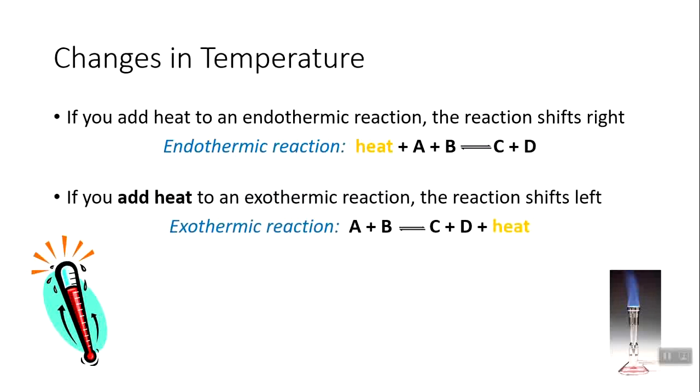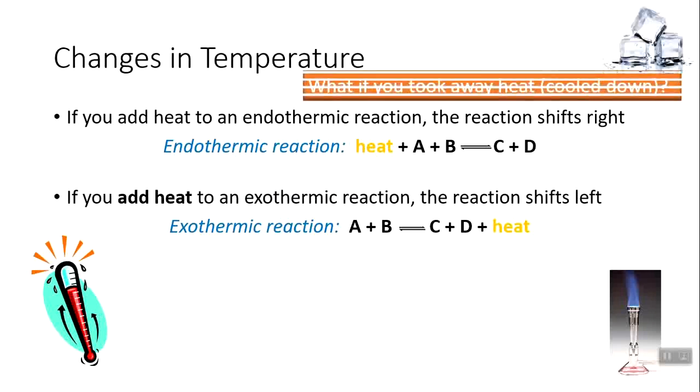If you add heat to an exothermic reaction, notice that heat is part of the product. If you add more heat, then the product is too heavy. That's a way to think of it. Then the reaction shifts to the left to relieve that stress.